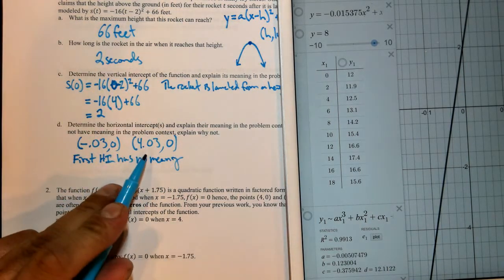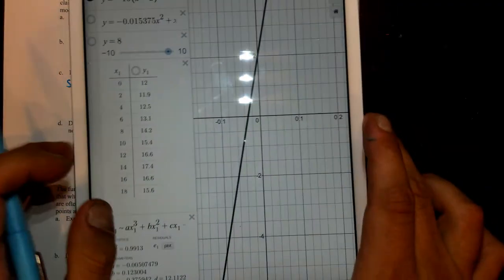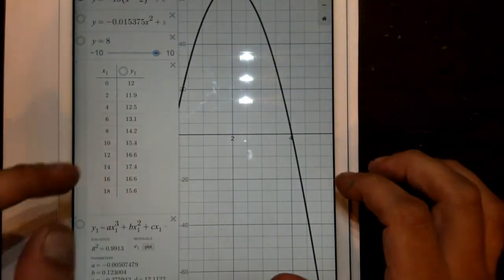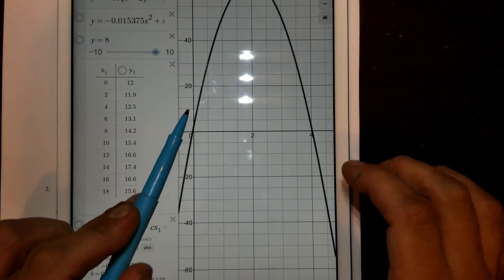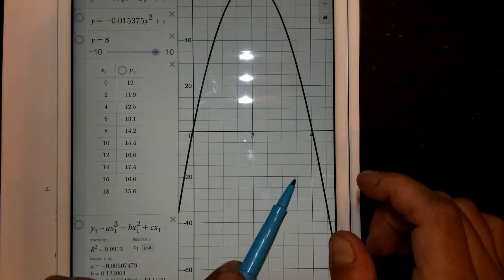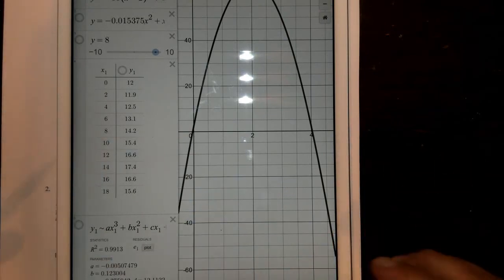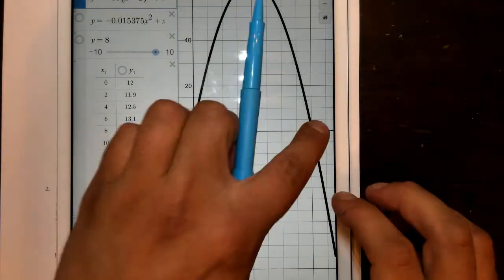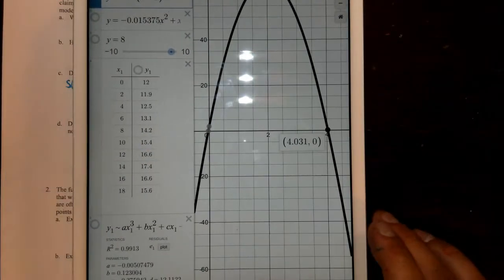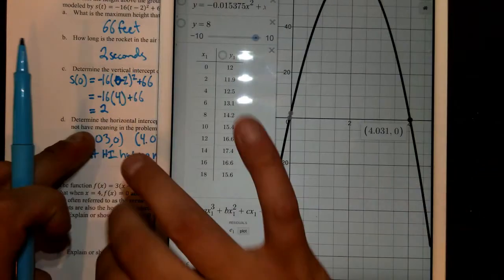The second one, though, that's in positive land of our x values. So what that means is this horizontal intercept is when the rocket lands, and it's at 4.03 seconds after it took off.